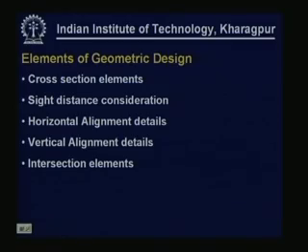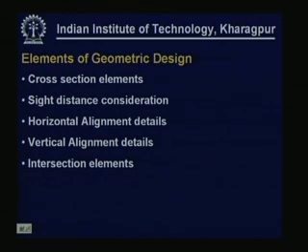Adequate length of the road must be visible to the drivers. So, there is a sight distance consideration. We talk about the different design considerations in terms of sight distance. We talk about the horizontal alignment details. Curves are an integral part of the system.